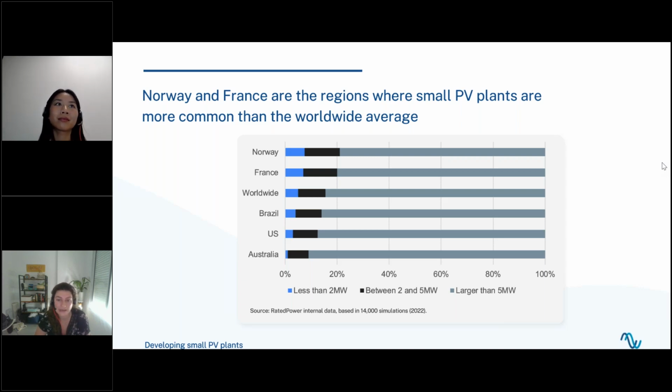And if we see the different countries, we can see also that in Norway it's bigger, in France it's quite big. That partially makes sense because in Europe the grid, the land is even more restrictive, right? But in Brazil, US, or Australia, plants tend to be quite big, and we still see a big percentage of these plants that are within this range.